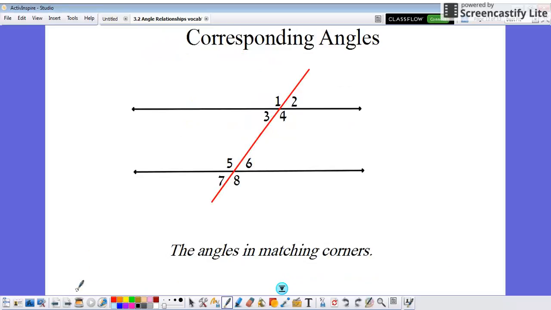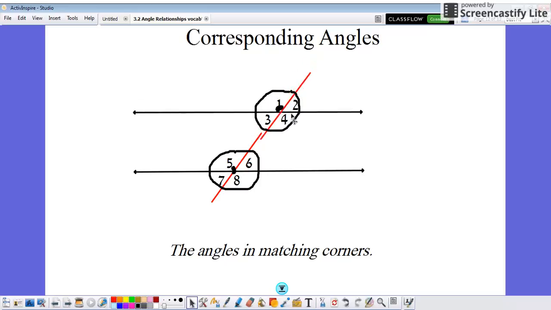Okay, corresponding angles. Notice how these four angles are clustered around the vertex of the transversal and the top of my parallel line. And these four angles also are clustered around the vertex here. Well, what would happen if I were to take a pair of scissors and just go chopping that transversal in half?